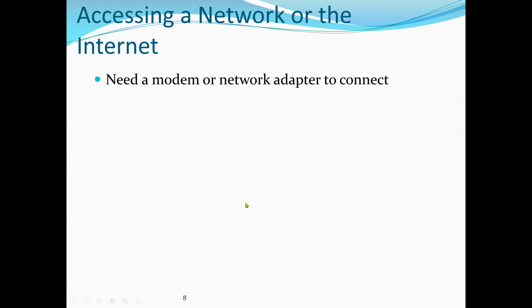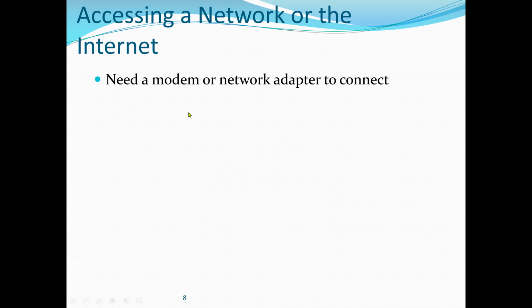So how do we access the network or the internet? We need a modem or network adapter to connect. Normally a modem is a special device that transmits data, but on a telephone line, we need analog data.